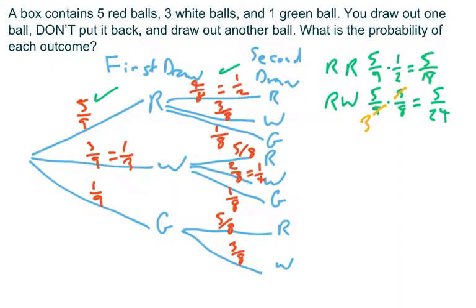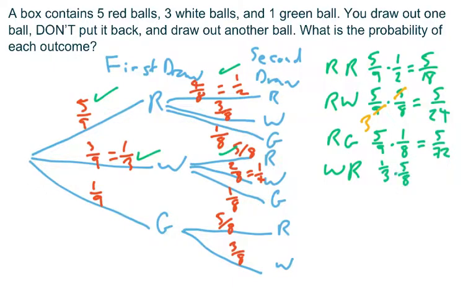Then we could also have a red followed by a green, and tracing down the probability tree there, we would have 5/9 times 1/8. Nothing simplifies there, so that would be 5/72. Then I would also have the outcome white followed by red. That would be, tracing down this branch of the tree, 1/3 times 5/8.